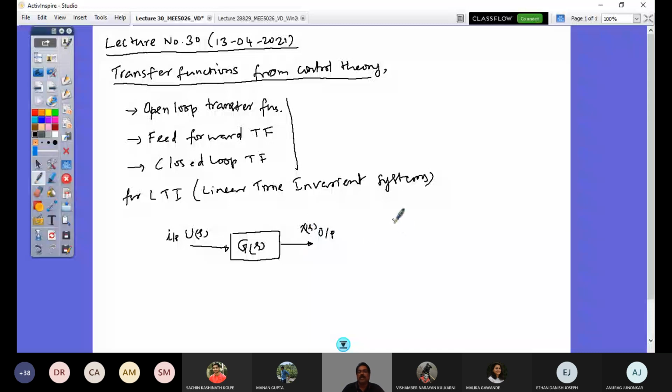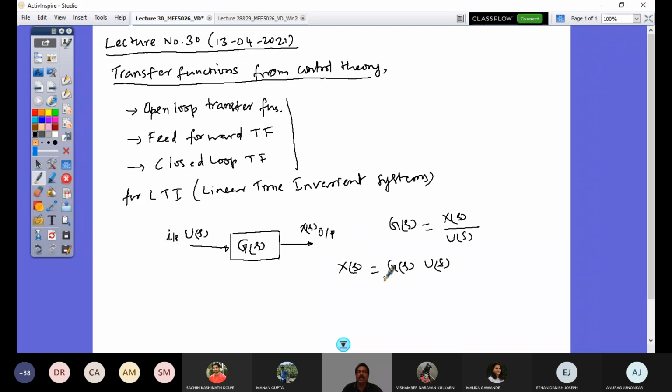This transfer function is defined by output by input, right? So therefore that output can be written as G of S into U of S.